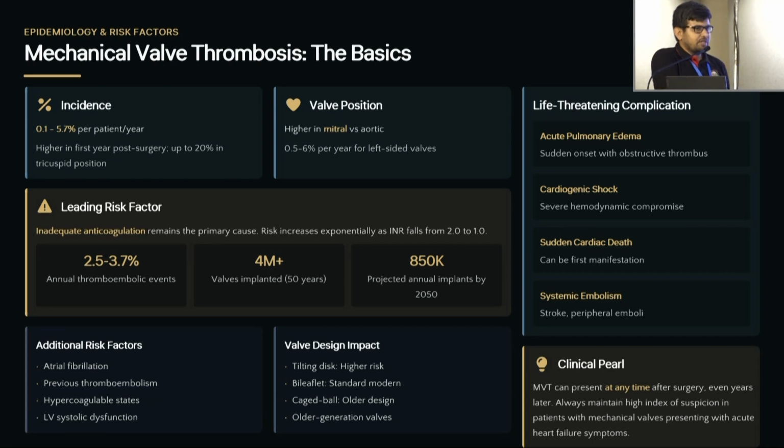Along with that, the patient may have cardiogenic shock, because with a non-functional valve there will be decreased cardiac output, which may lead to shock. And the patient may have complete occlusion, with sudden cardiac death, and embolism from the pre-existing thrombus. Mitral valve thrombosis can present anytime after the surgery, even years later, so we need a high suspicion for diagnosing it.